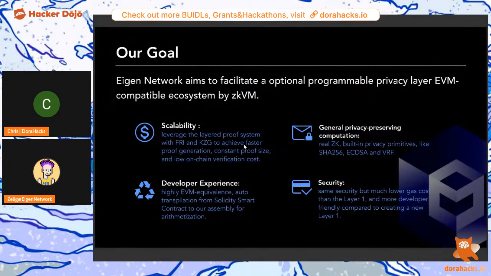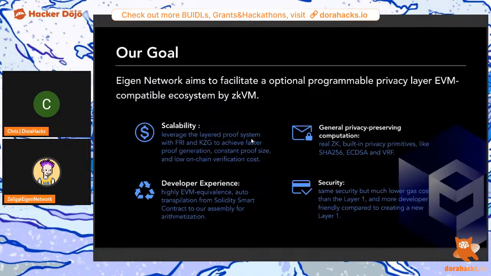Eigen Network aims to facilitate an optional programmable privacy layer by ZKVM. We have four features: scalability, leveraging a layered proof system with FRI and KZG to achieve faster proof generation, consistent proof size, and low on-chain verification cost; and general privacy-preserving computation, real ZK, with built-in privacy primitives like SHA-256, ECDSA, and VRF.